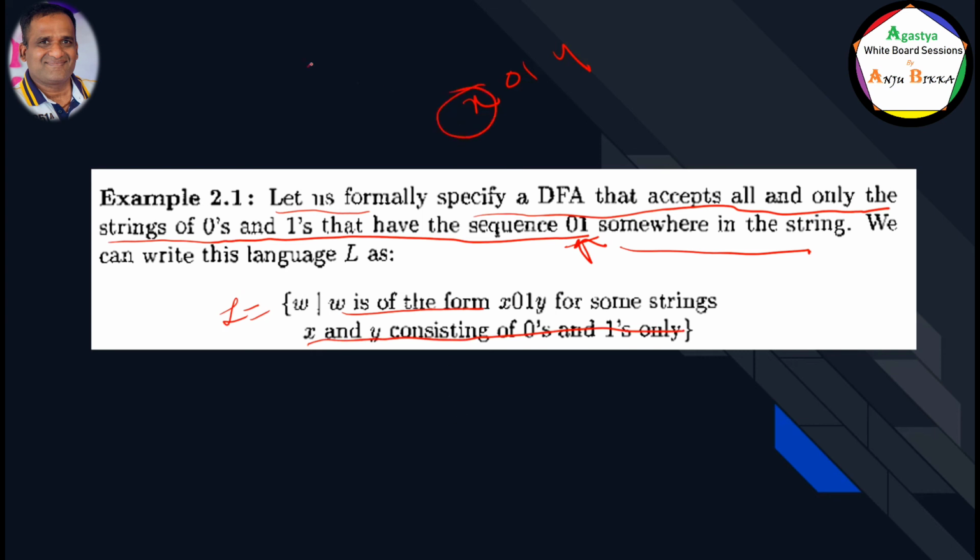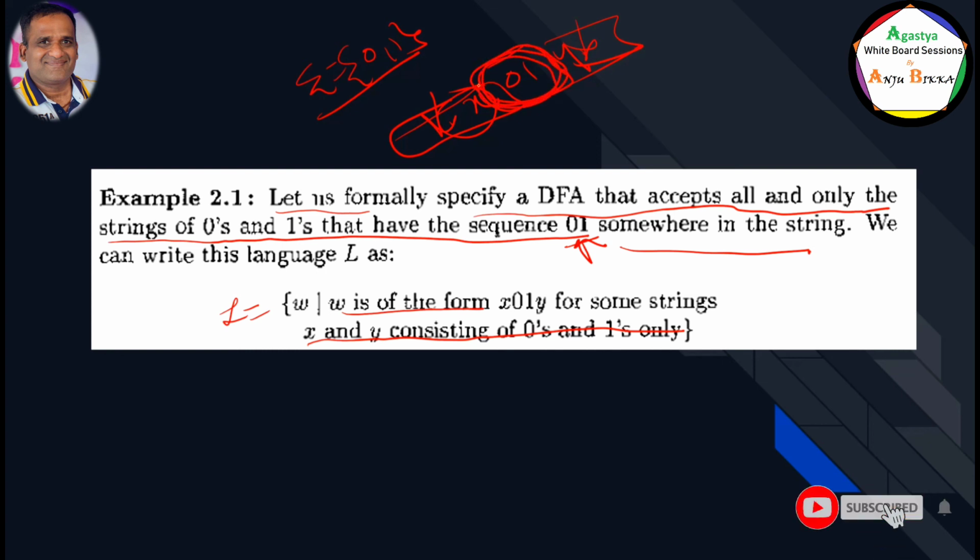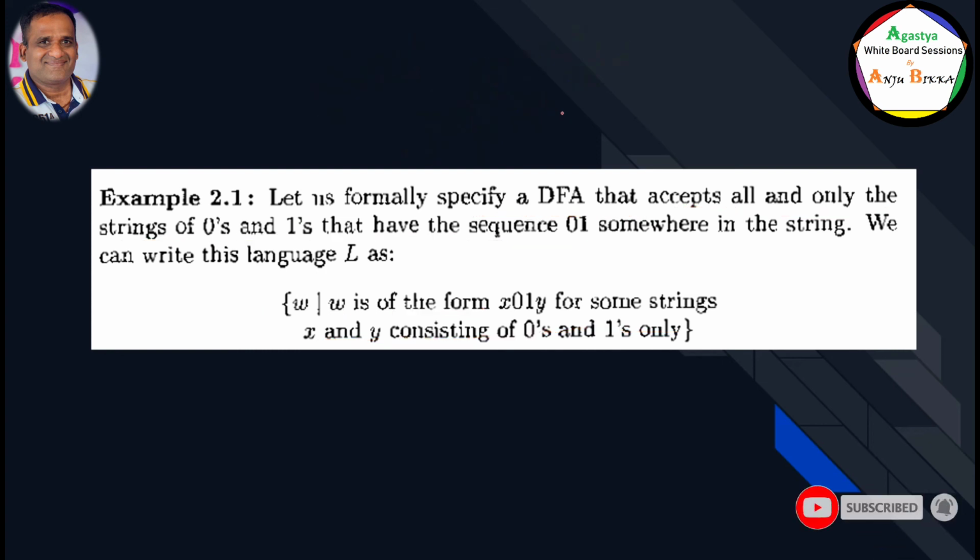The alphabet is 0 and 1. The string can have any zeros and ones here and any zeros and ones here, it doesn't matter. It needs to have the 01 pattern somewhere in the string. Whenever it has 01 somewhere in the string, the DFA needs to accept. So this is the language.